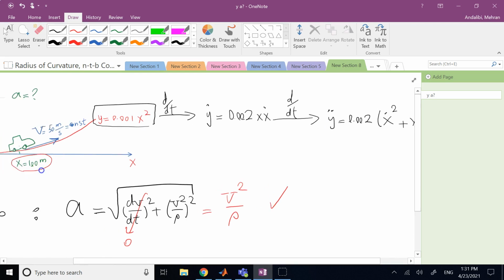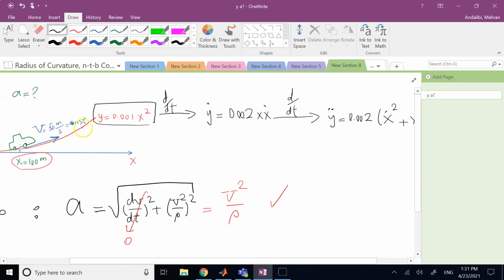You have to use the information that v is equal to 50, and v, the magnitude of speed in this coordinate system, is the square root of x dot squared plus y dot squared. This is 50. Now, if you plug x into this equation, it gives you a relation between x dot and y dot.